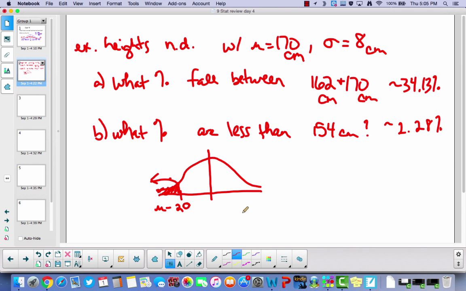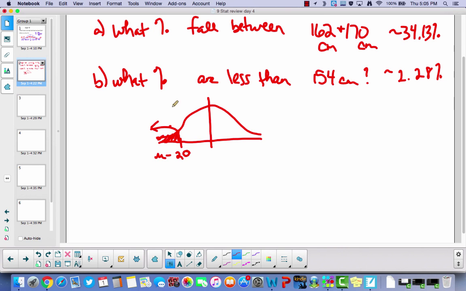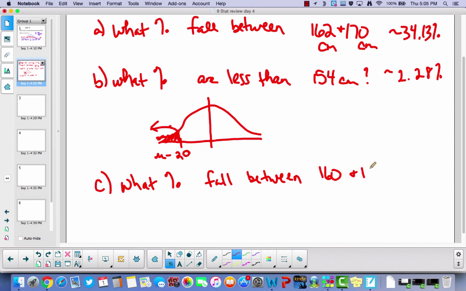What percent fall between 160 and 180 centimeters? Well, that's not plus or minus 2 standard deviations or plus or minus 3 standard deviations. So that's what we have to do. First of all, we need to make sure we can draw the picture.